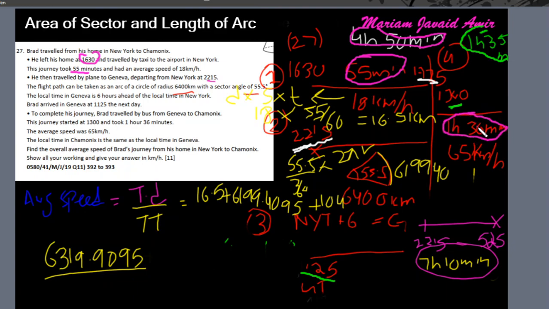Okay, and here we have 1 hour 35 minutes. The average speed is 65 km. The local time in Chamonix is the same as the local time in Geneva. Find the overall average speed from Brad's home in New York to Chamonix. Okay, so we need to now add all of these times.